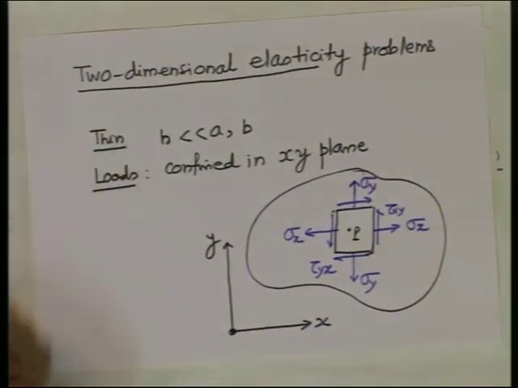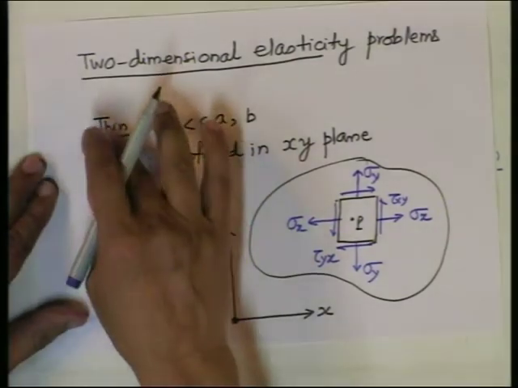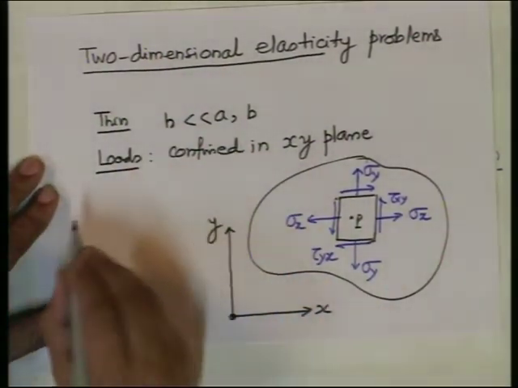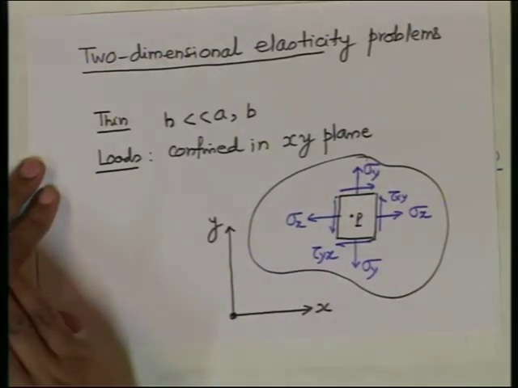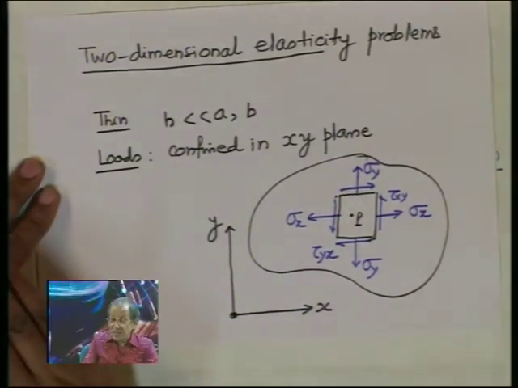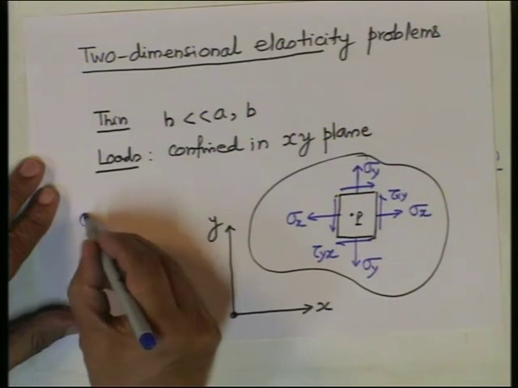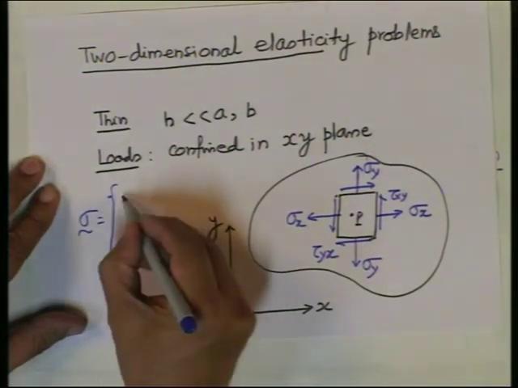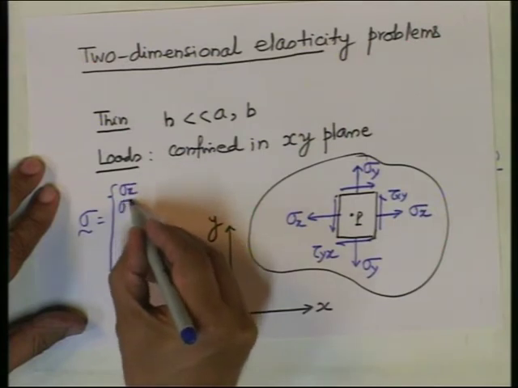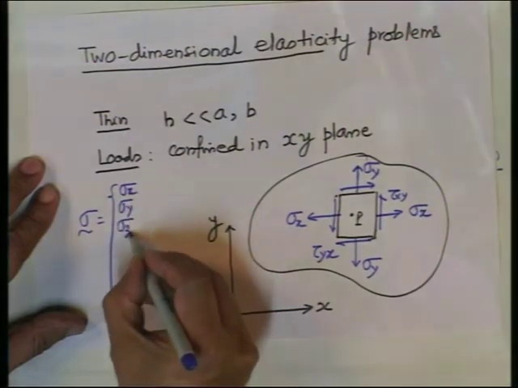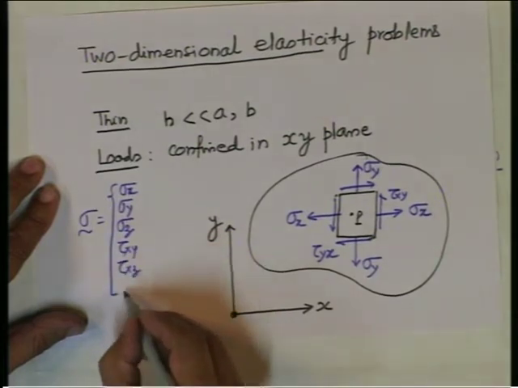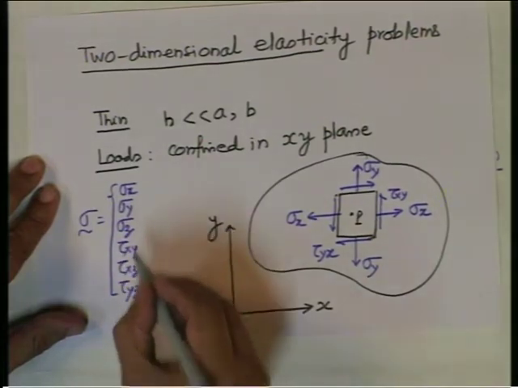So this is all. That means if these two conditions exist, then from a three-dimensional point of view, because you have 6 components of stress and 6 components of strain, in a normal 3 dimensions you have at any point sigma x, sigma y, sigma z, tau xy, tau xz, tau yz.